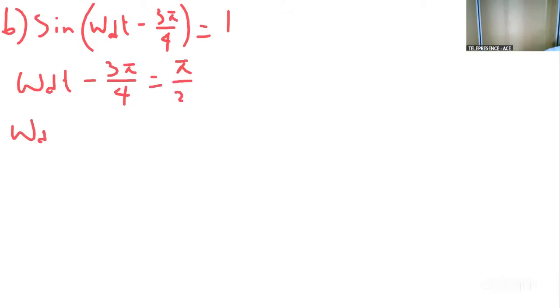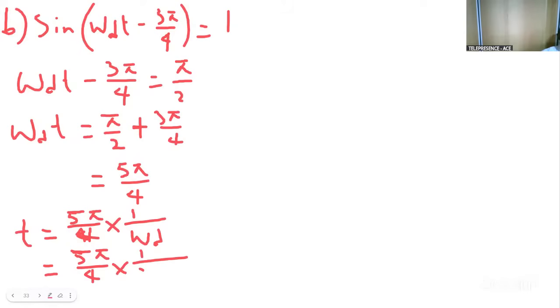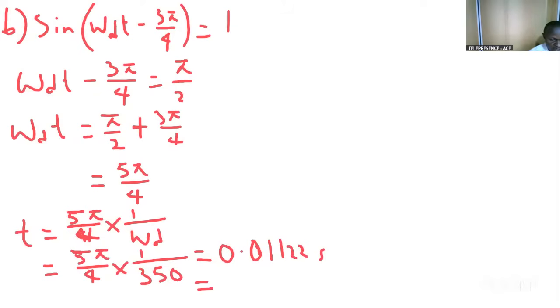So omega d t is equal to pi over 2 plus 3 pi over 4, and this will be 5 pi over 4. So t is equal to 5 pi over 4 times 1 over omega d, which is 5 pi over 4 times 1 over 350. And this will give you 0.01122 seconds, or 11.22 milliseconds.